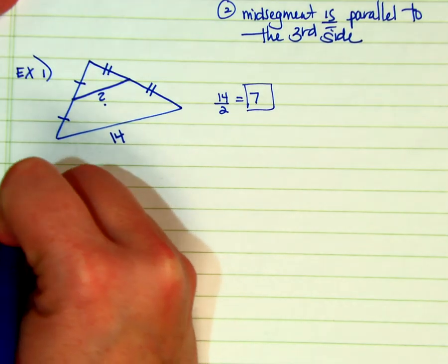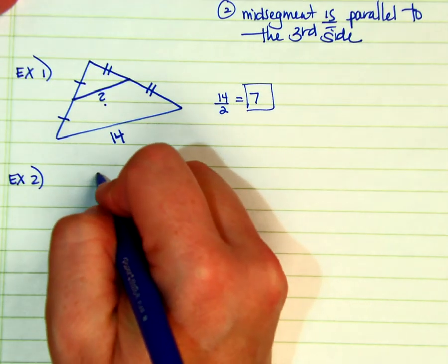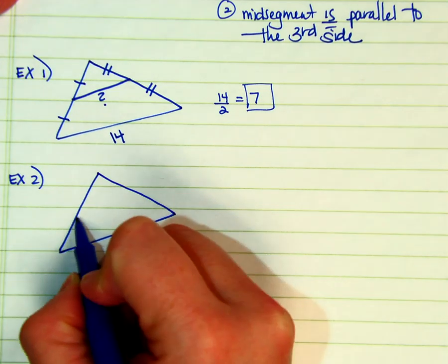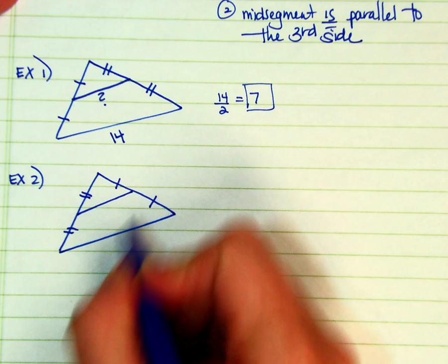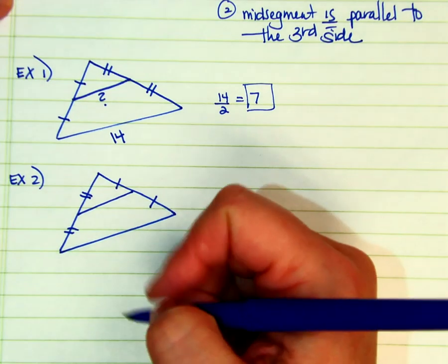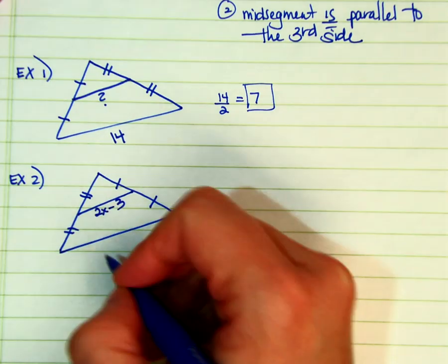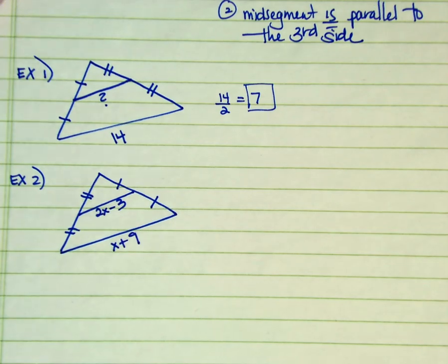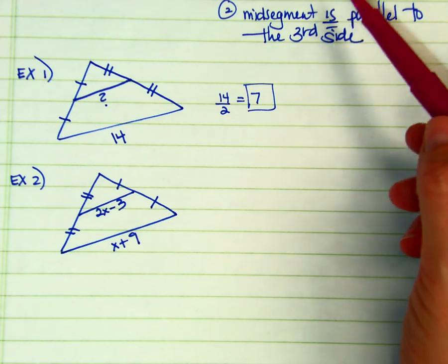Do example 2. We're going to make these a little bit more challenging with some algebra. So I know it's a midsegment because it's connecting the midpoints. I'm going to make this segment 2x minus 3, and then this one is x plus 9. A lot of algebra issues on this one, because of that half that we talked about earlier.